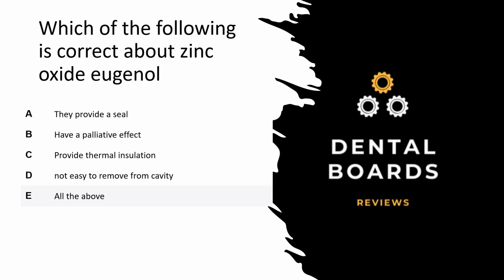Does it provide a seal? Yes. Does it provide a palliative effect? Yes, we know that. And thermal insulation, all these things. So the answer is E, or the above.